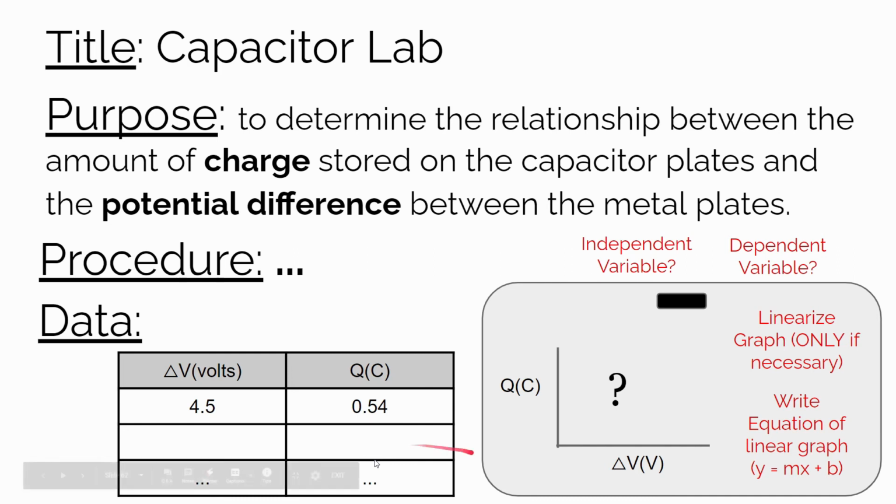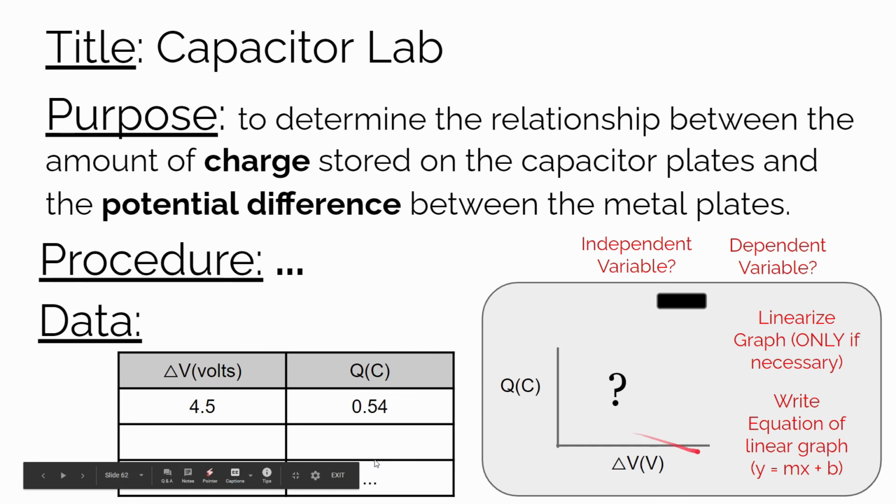When you go to graph this, we're going to graph our independent variable, the potential difference that we applied across the capacitor plates, on the x-axis. That's what we deliberately changed by hooking different amounts of batteries up to the negative and positive plates. And then our charge, that's the dependent variable, we're going to graph on the y-axis. And then you can go through and do the data analysis or the graphical analysis that we're used to doing.